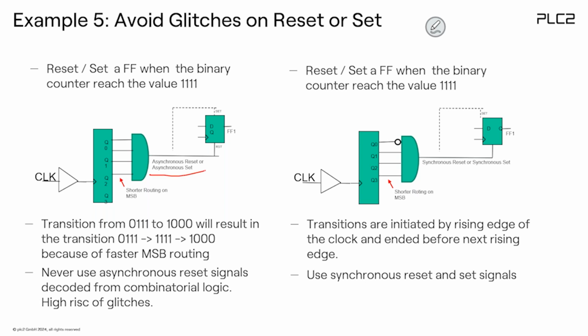Don't do this, because again, you will get a glitch here, a spike, and then your register will be cleared. No, just again go to the E, and then use synchronous, because now the spike doesn't matter at all, because it's synchronous. It will work all the time.